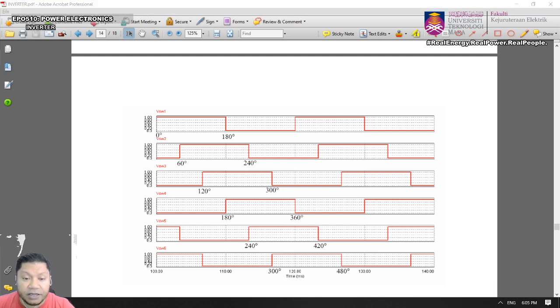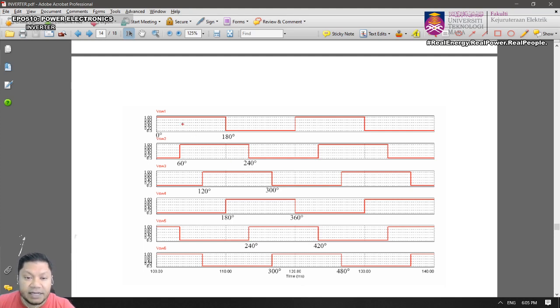Instead of 120 degrees, now it is extended to 180 degree conduction, but we still have the 60 degree delay. The same approach, we have a 60 degree delay for each switch, and then the duration is 180 degrees.